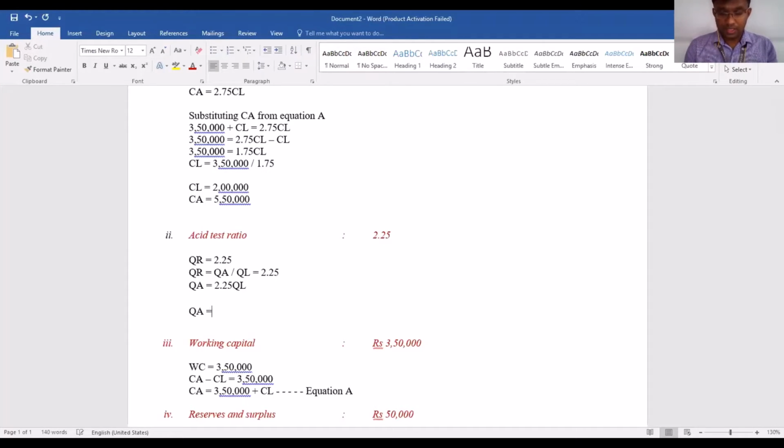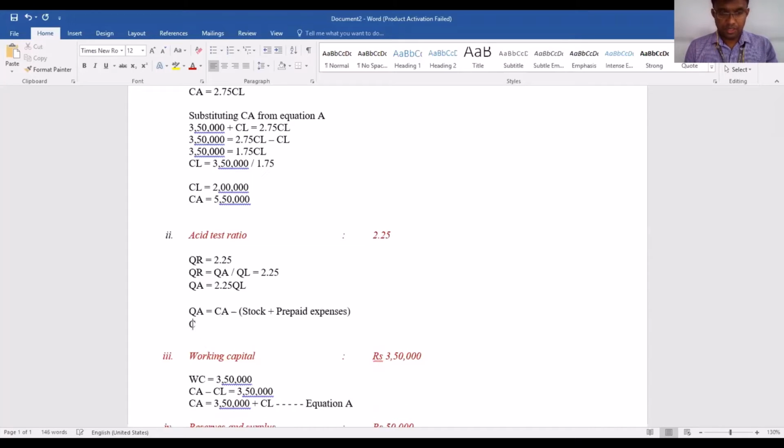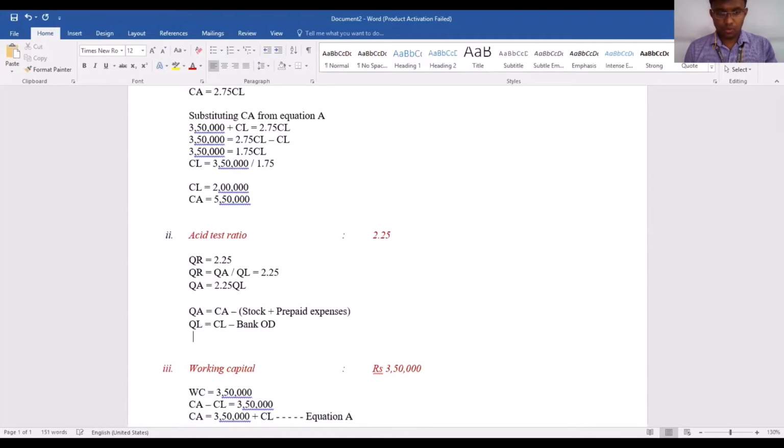So quick asset is equal to current asset minus stock plus prepaid expenses, and quick liability is equal to current liability minus bank overdraft.